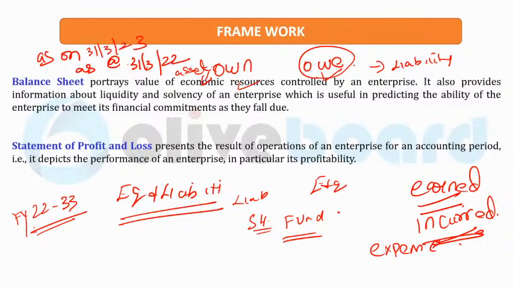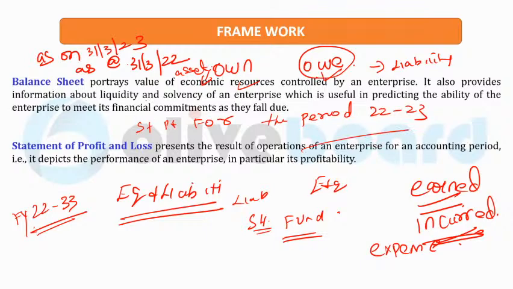They will put it like this. If you go and see a P&L, it will be like this: statement of P&L for the period 22-23.